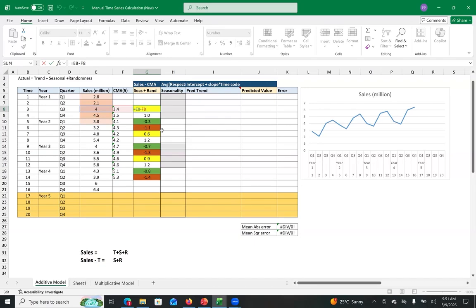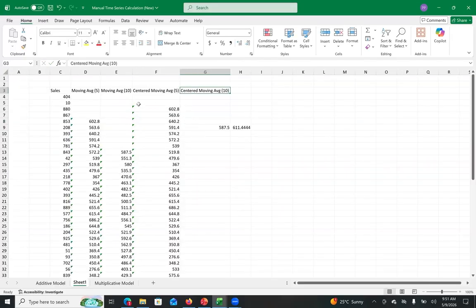Hi, Puneet. Can you please go back to sheet one and show the formulas again? Yeah, the moving average is just you're picking five cells here, right, and when it comes to moving average of 10, you're choosing 10. And how about center? We are taking, let's say, the average of two values from past, two values from future, and one current value.